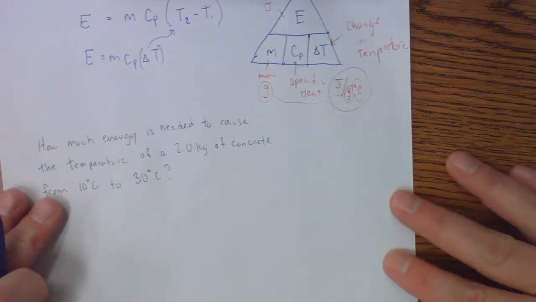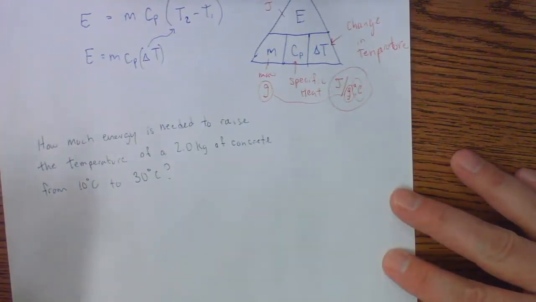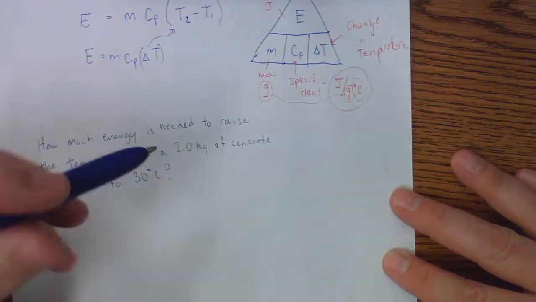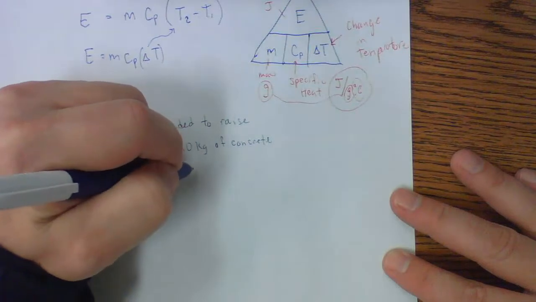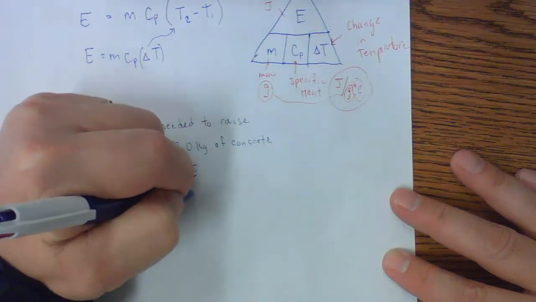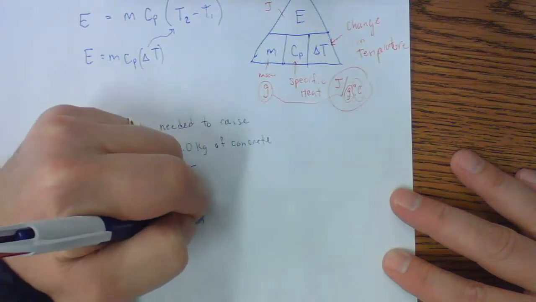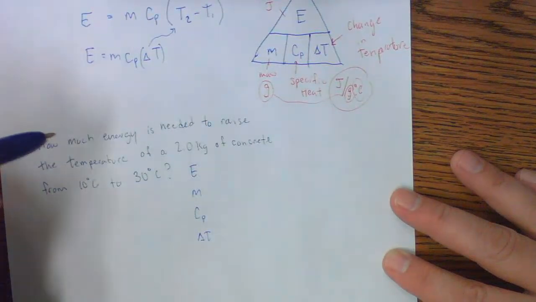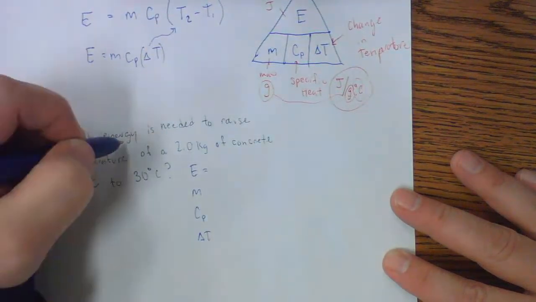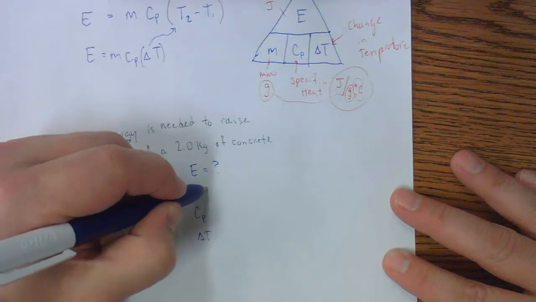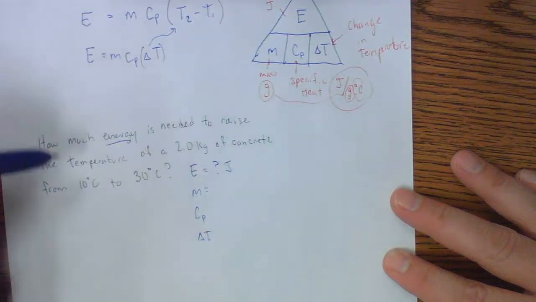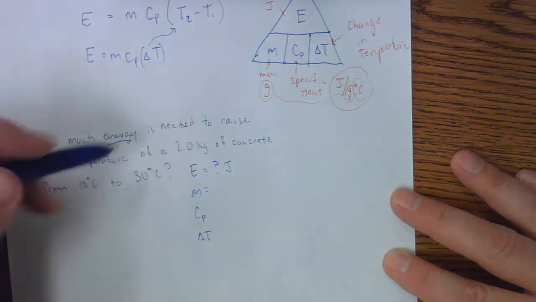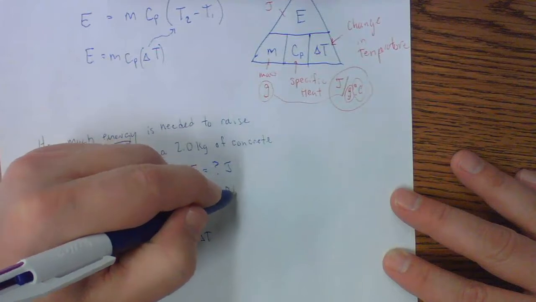Now, if I follow this and use my GUESS method on this problem, I'm going to look for my variables, my E, my M, my Cp, and my triangle T. Now the energy, that was the question mark. I'm going to find that in joules. My M is the mass. I have 2.0 kilograms.